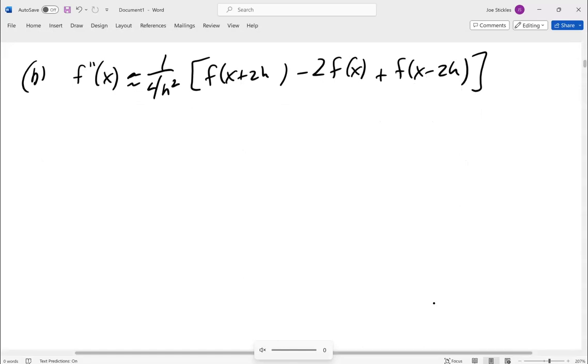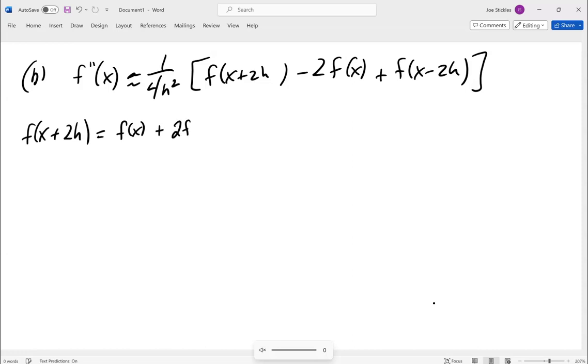Well, in the previous step, we already wrote out our Taylor series for f of x plus 2h. Just rewriting the same thing we came up with before.